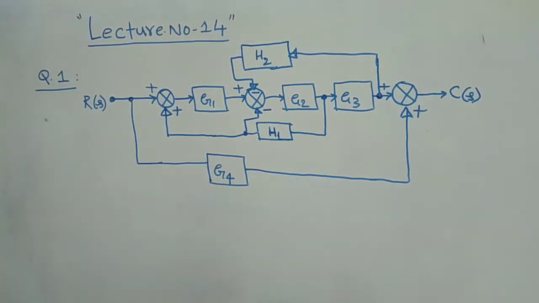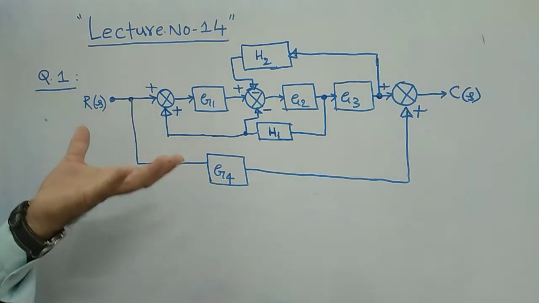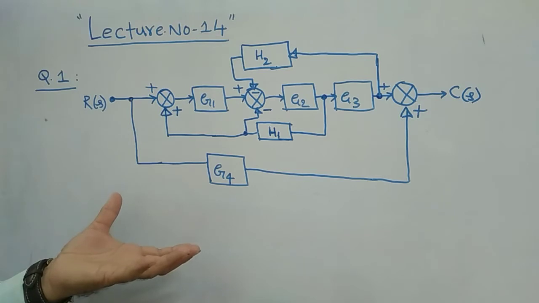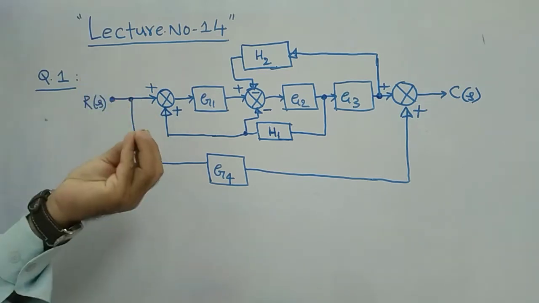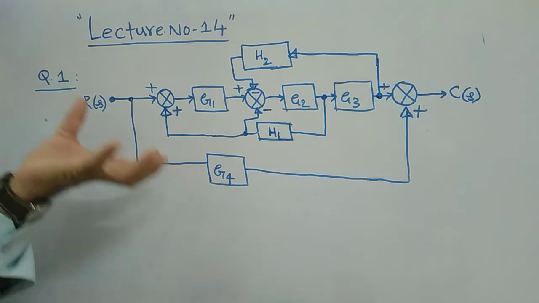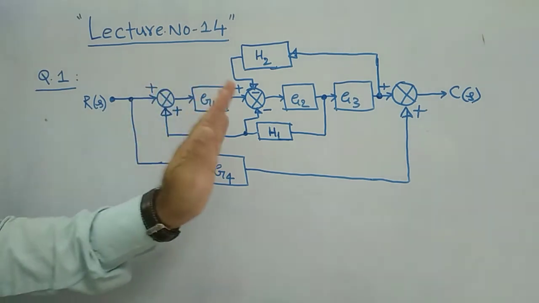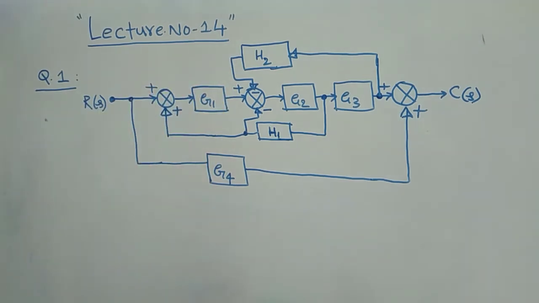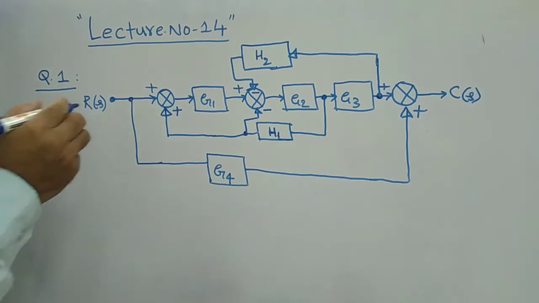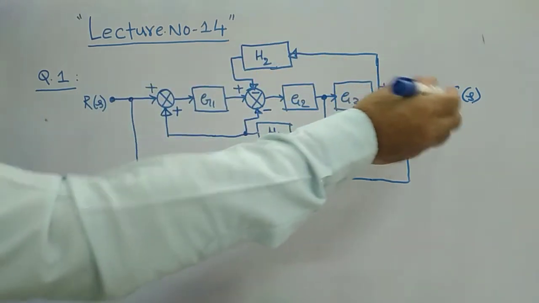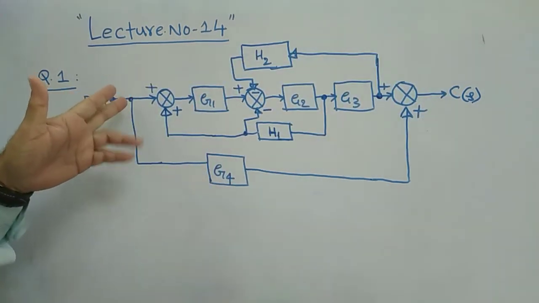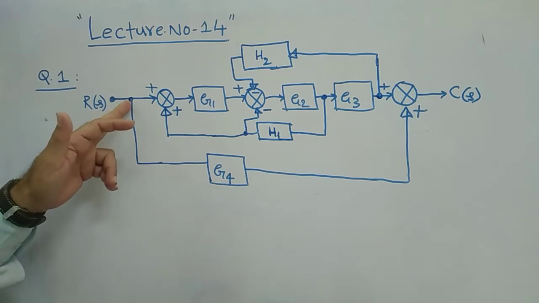Before going to the solution part, I would like to inform you that before drawing the signal flow graph, you just identify the nodal points or nodes available in the given block diagram. As I have explained in the previous example in the last session, each input, output and all the takeoff points, this connection is called a takeoff point.